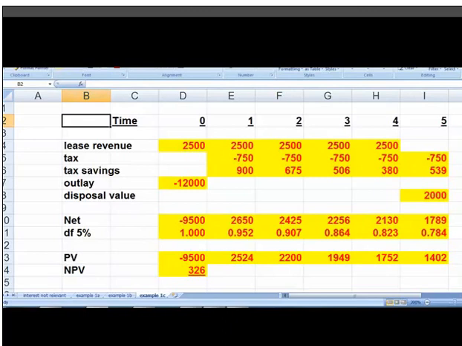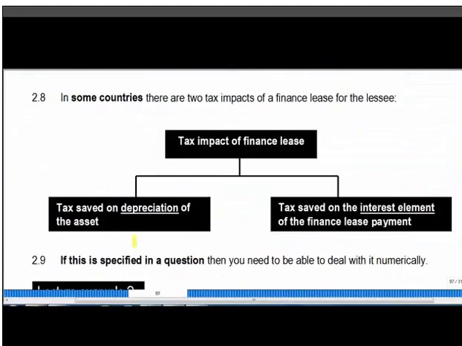In this example, it's very difficult for them both to agree a lease that's going to benefit both parties, but in reality it's different because the lessor can often buy the asset for less than the lessee can. That completes the example.